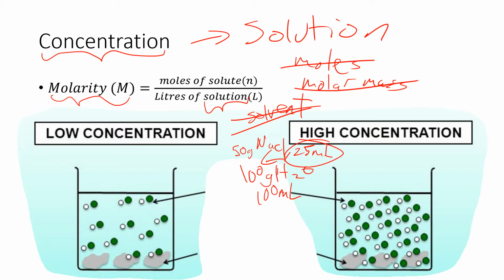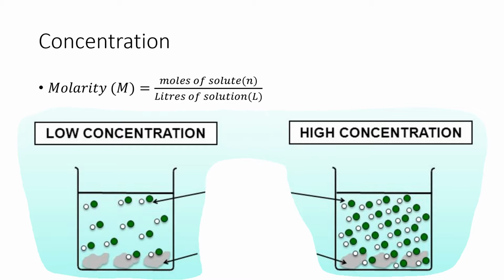So the final volume of solution would be 125 milliliters, not 125. Because you would divide the moles by the total volume of the solution, which would be in liters, right? Because liters measures volume.